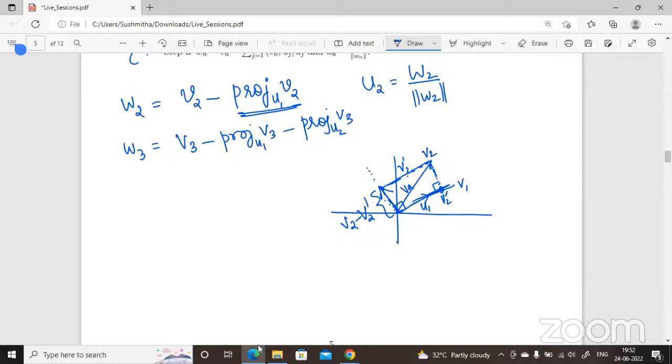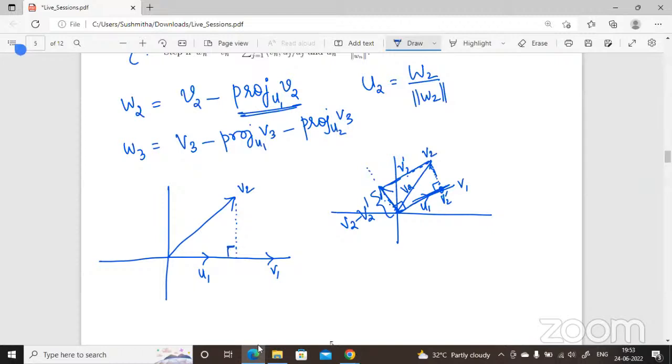No. The triangle law or parallelogram law of addition. This is V2. This is V1. This is say U1. So this is my projection.